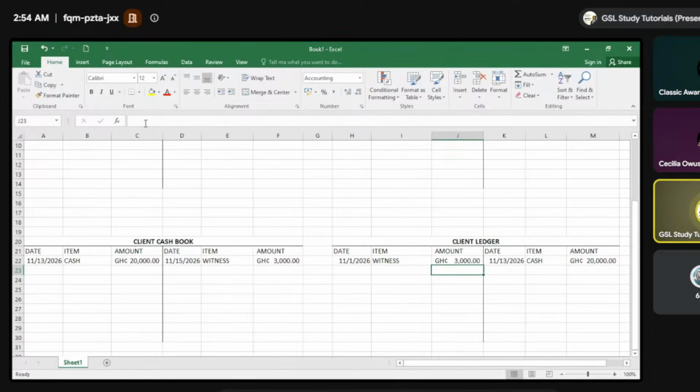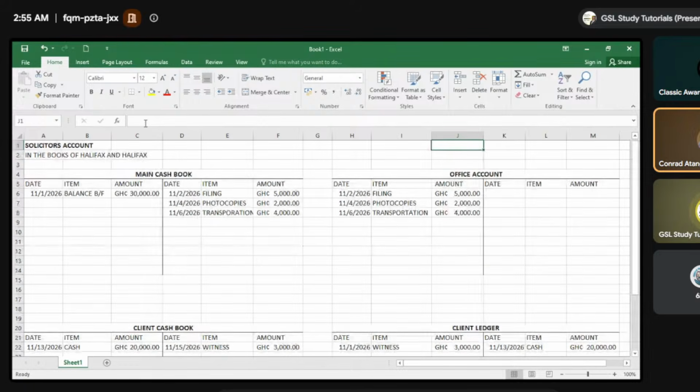If it is a transaction affecting the main cash book, how do we treat it? Credit the main cash book. If it's a payment from the main cash book, you debit the office account and you credit the main cash book.